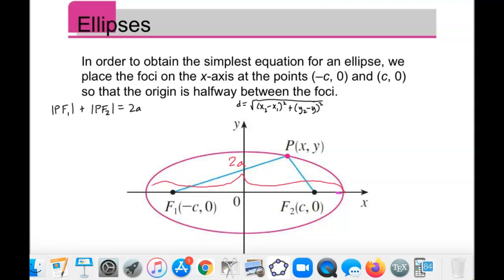All right, so the distance from P to F1 is just going to be x minus negative c squared. So it's going to be the square root of (x plus c) squared, and then y minus 0 squared. So that's just y squared.